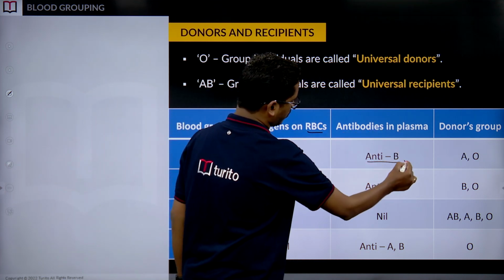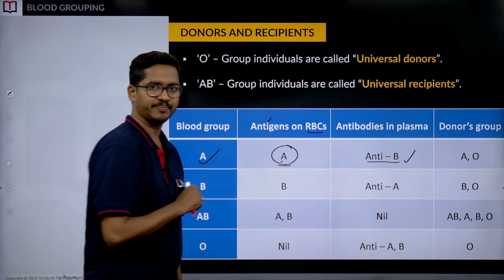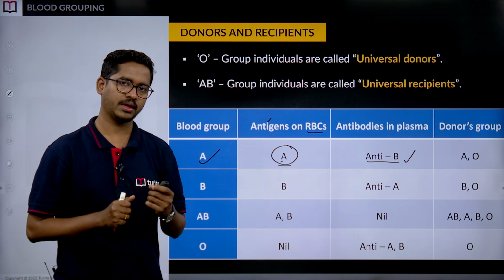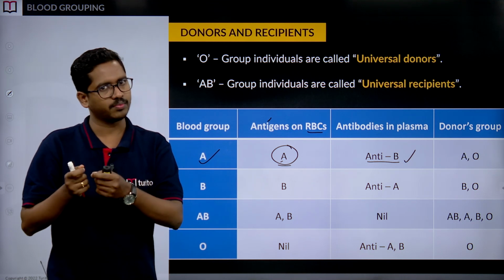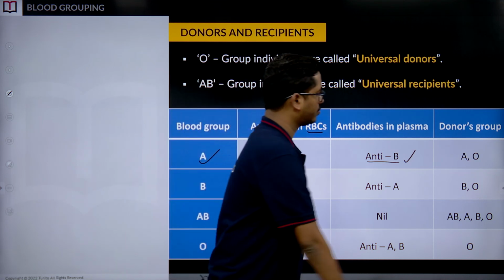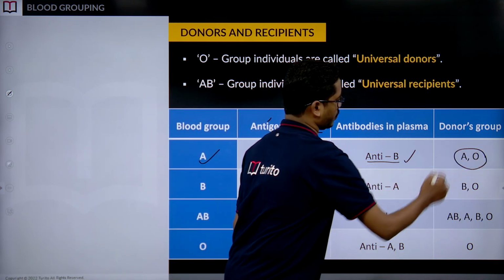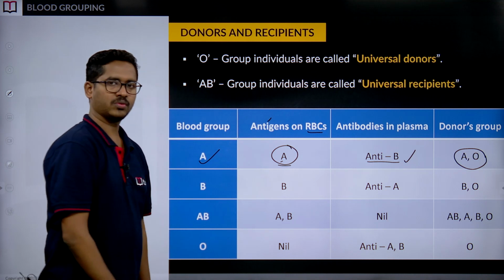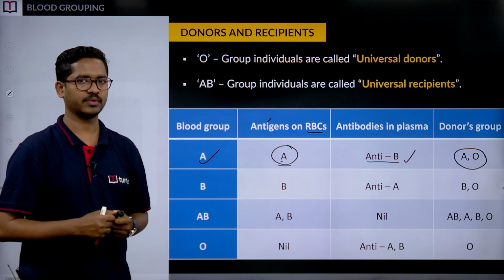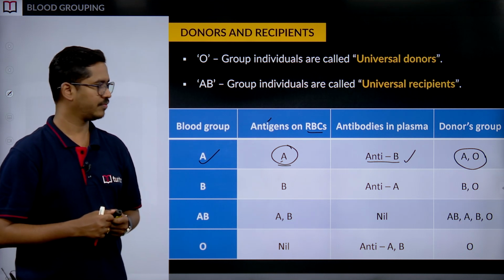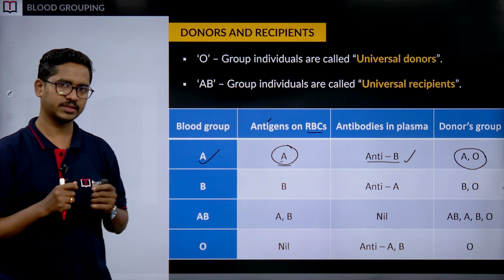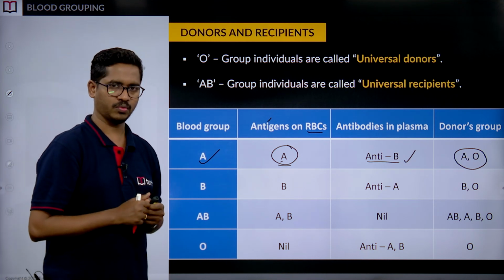Antibodies in plasma, that is anti-B, is present. So, the plasma contains antibody B, and then you see who are the donors for this group. The person who has blood group A can receive blood from A and O group. Okay. We will understand those differences also.